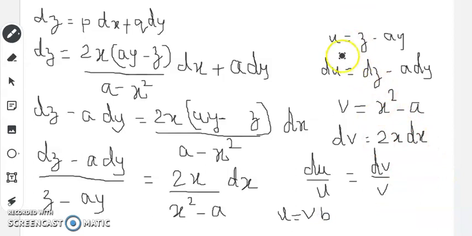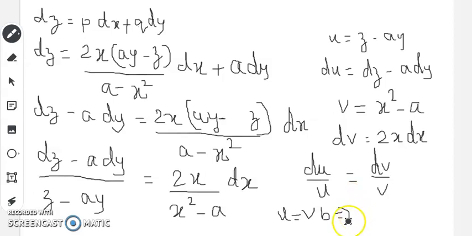Now we can substitute the values of u and v in this relation. We get the answer.